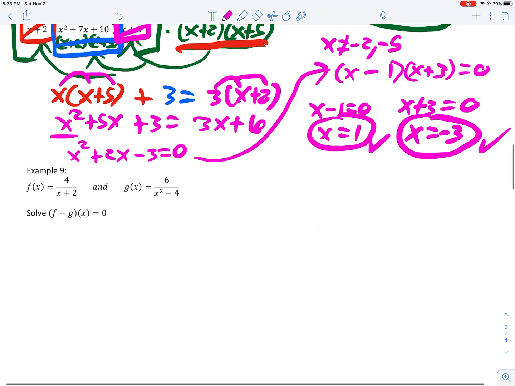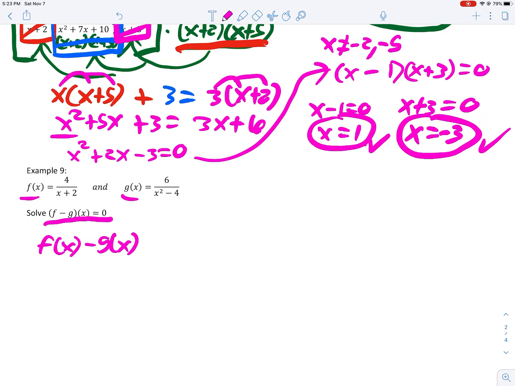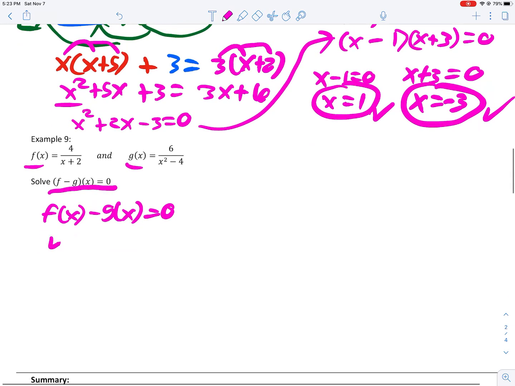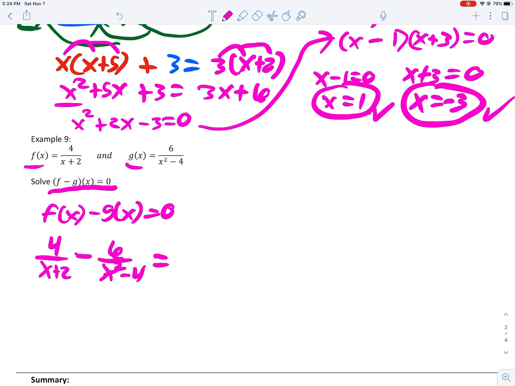Okay, example 9. So they give us two functions, and they ask us to solve f minus g of x. So that's f of x minus g of x equals 0. So 4 over x plus 2 minus 6 over x squared minus 4. Now, before you start trying to find a common denominator and multiplying, what if you just move one fraction to the other side? Would that create maybe a proportion, and then we could just cross multiply?